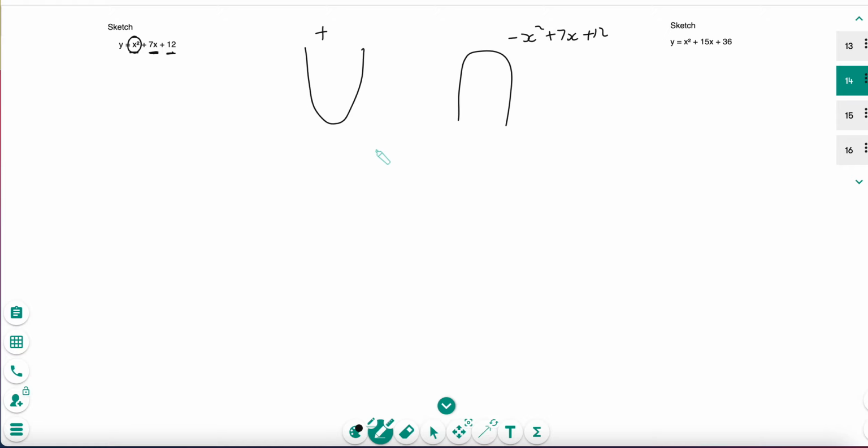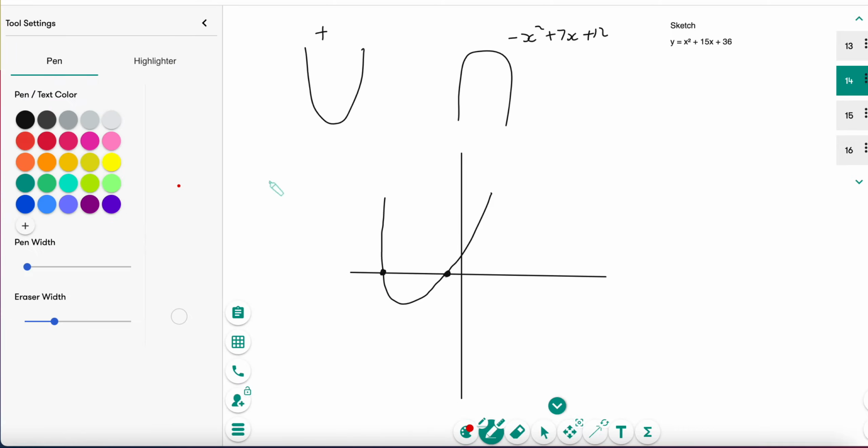When we sketch a quadratic graph, we have to figure out three things. Let's say I have my set of axes, and I draw a U-shape. We need to know where the line crosses the x-axis; we call these the x-intercepts, which I'll label as red.